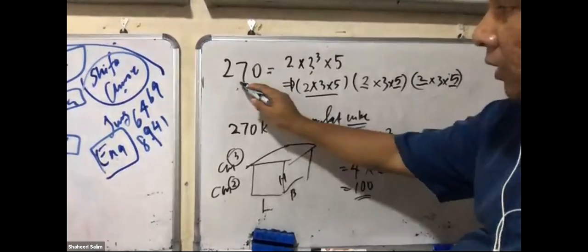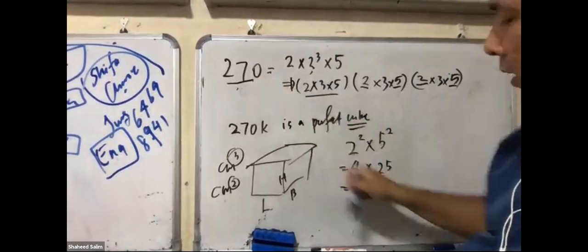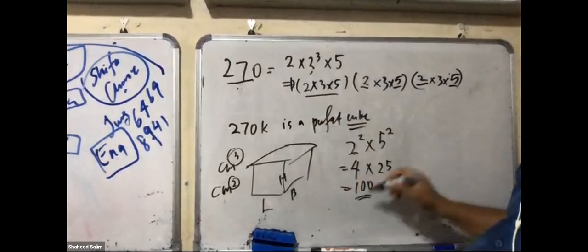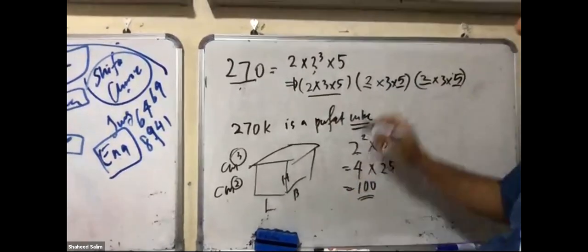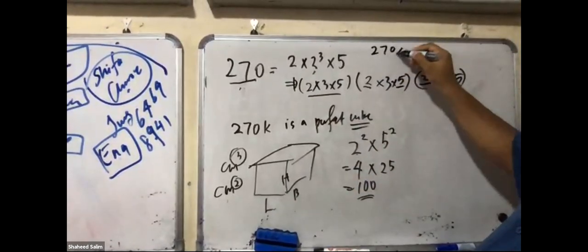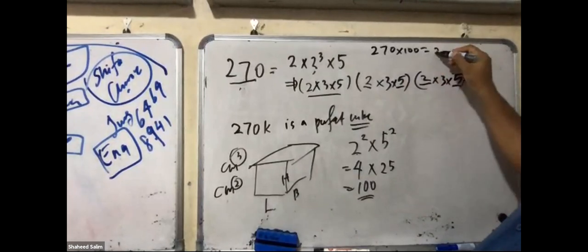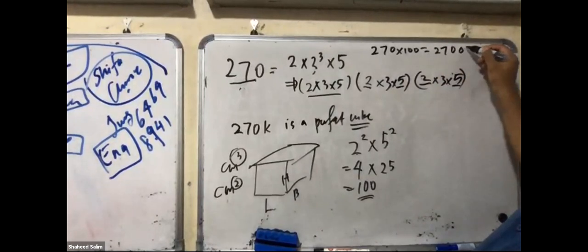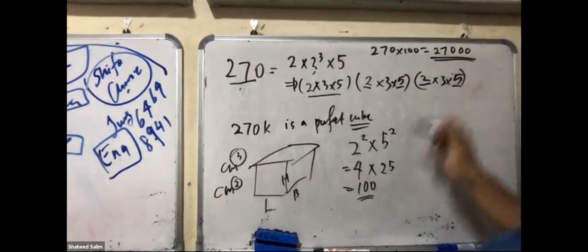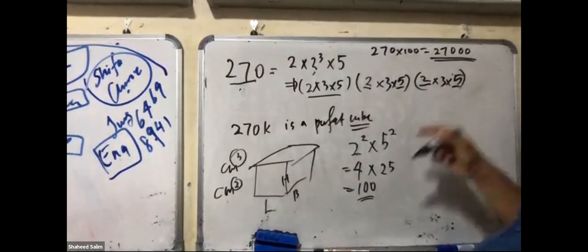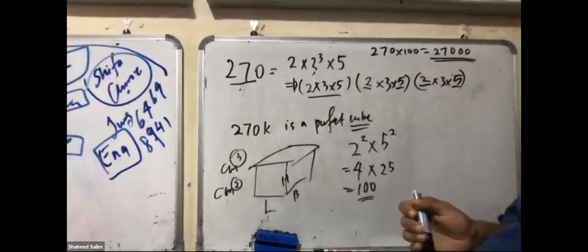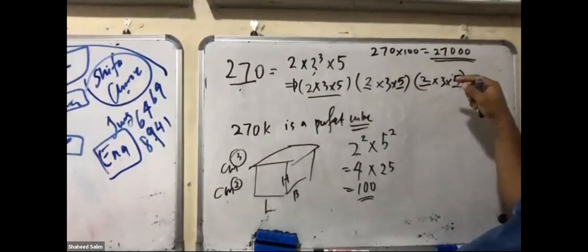Okay, if you take 270 times 100, you will get the answer now. And that number is a perfect cube. Let us see. 270 times 100 equals 27000. Can you cube root this number and see what's your answer?